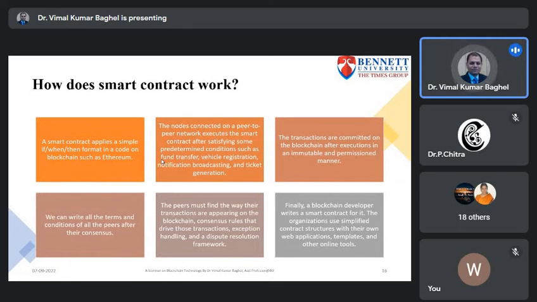The organizations themselves can customize those smart contracts according to their own conditions. For example, they can have their own web applications, their own templates for storing records onto the blockchain, and their own online tools operating in their business. That can also be part of the smart contract. So the smart contract can be customized once it is written and deployed over the blockchain.